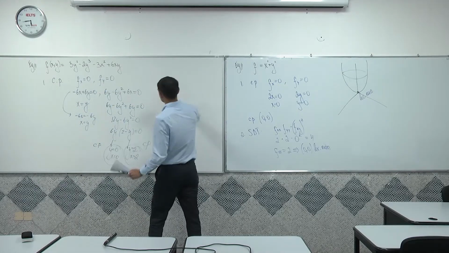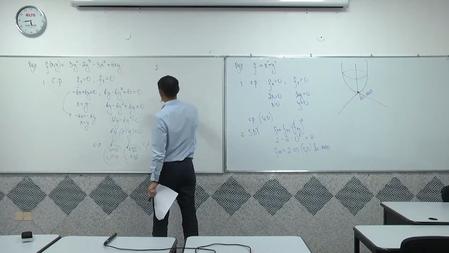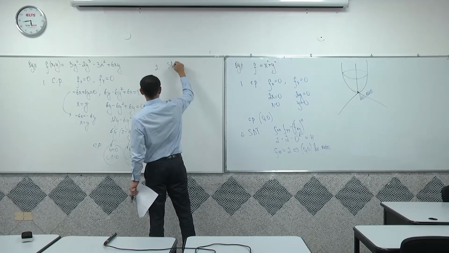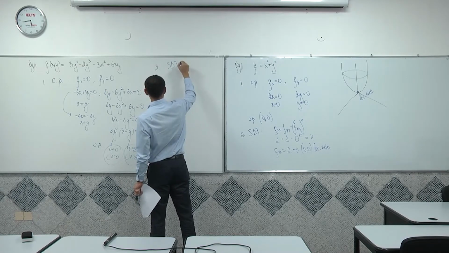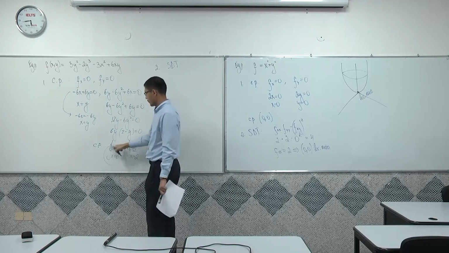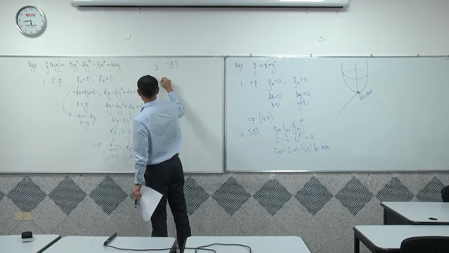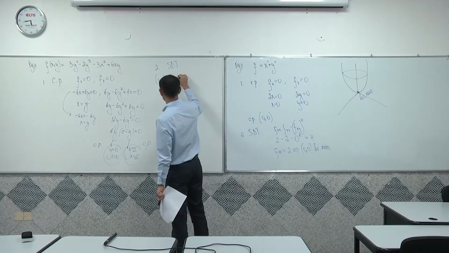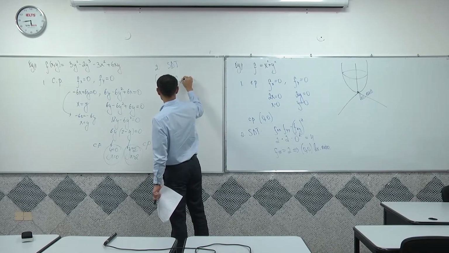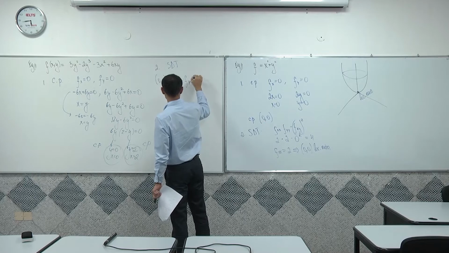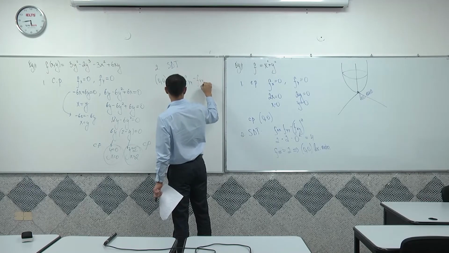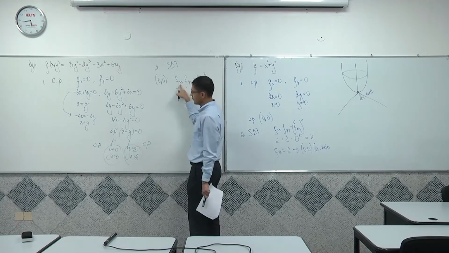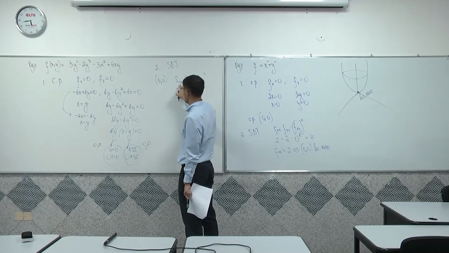And our second step is to apply the second derivative test. Let's apply it to the first critical point, 0, 0. Okay, so remember what we have to calculate is this guy. So the second derivative with respect to x.